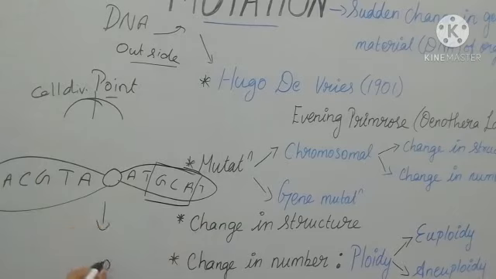This arm will be similar, but this arm will be shorter than before. Because of deletion, the structure of the chromosome was changed. This is the change in structure.